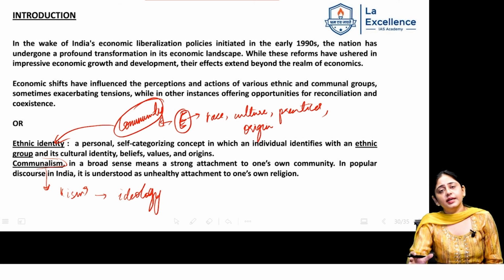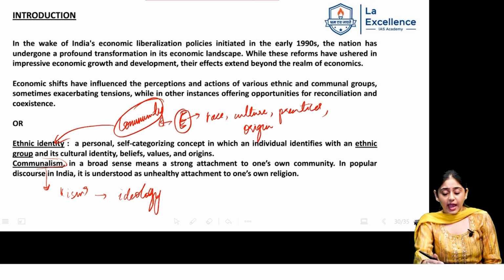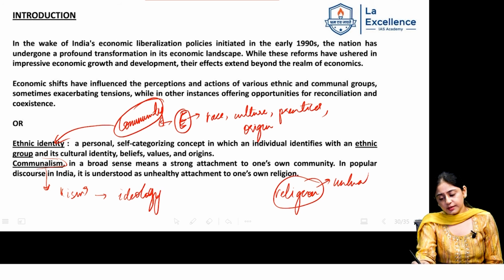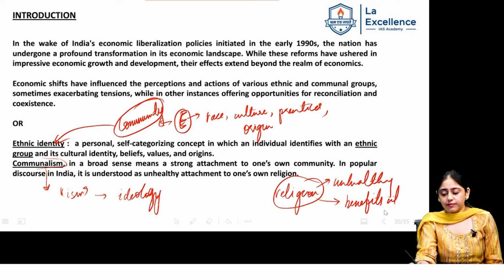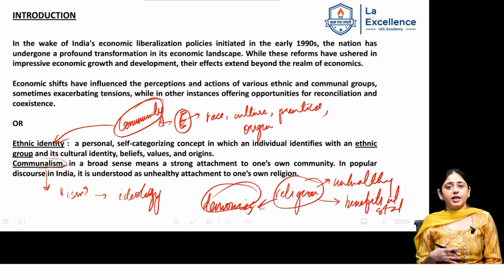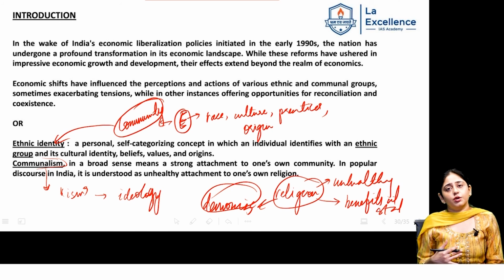In India, it is seen in a very negative discourse and related to religion, where you have a very unhealthy attachment to your religion, and you want certain benefits at the expense of other religions, and you demonize the other people based on their religion, that there are some stereotypes, or they are taking away our jobs, or they are leading to some discomfort in the society. So that is your communalism.